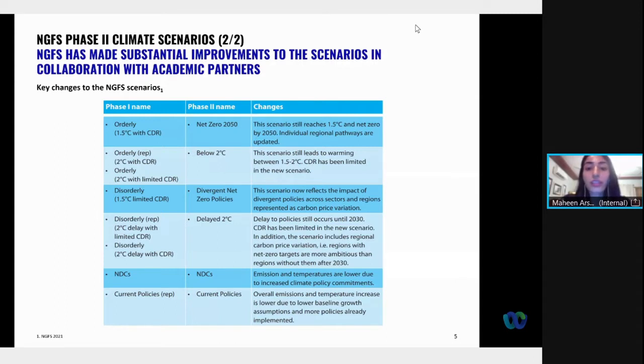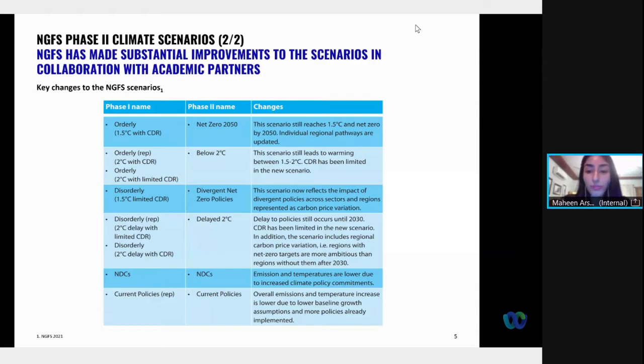So these scenarios can be used to determine the impact on GDP, inflation, as well as the unemployment rate. And as I mentioned before, the NGFS has made thousands of new variables available, and they've allowed the downscaling of regions, so scenario analysis can occur for individual countries.